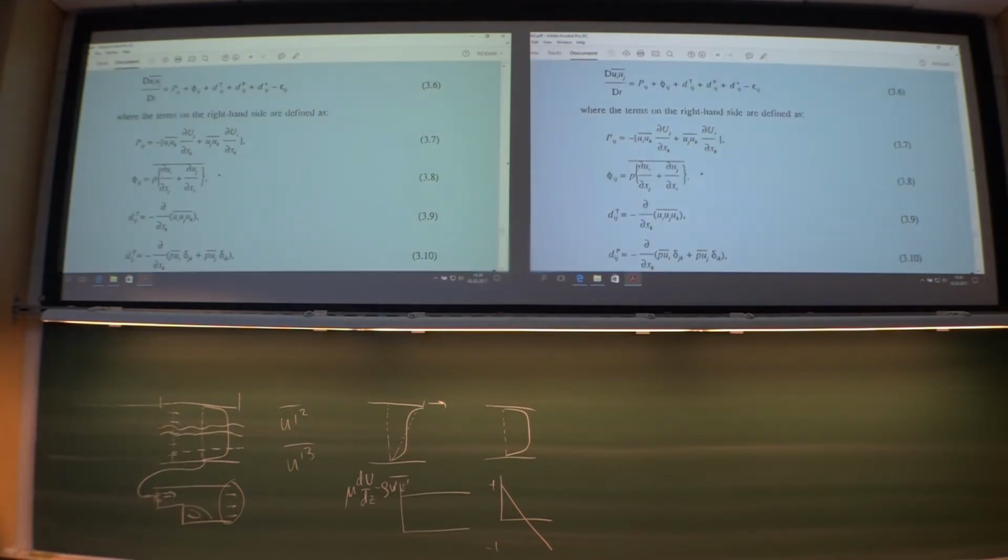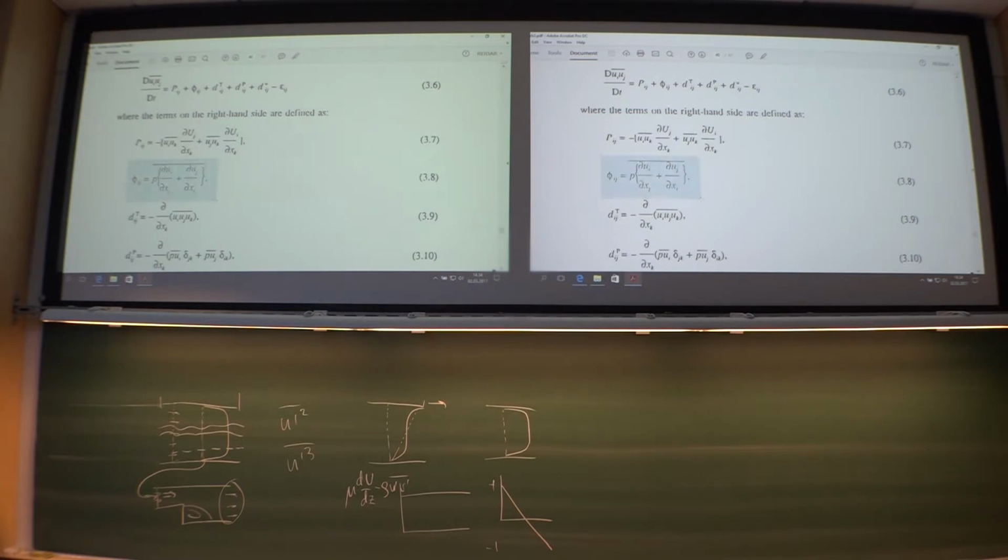The pressure strain term, this redistribution term that could exchange energy between the different Reynolds stress components. Impossible to measure in the lab. Pressure fluctuations multiplied with velocity fluctuating gradients. Very hard to get. But with the DNS, no problem.